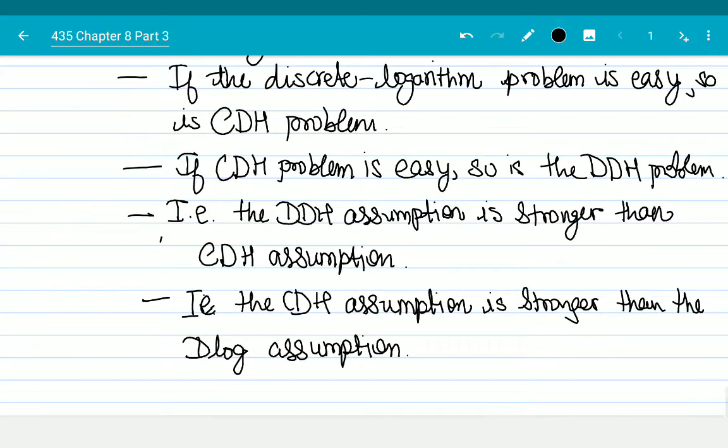So me saying that the DDH assumption is strong, that it is impossible to break for this group generation algorithm, means the other two problems are harder as well. Okay.